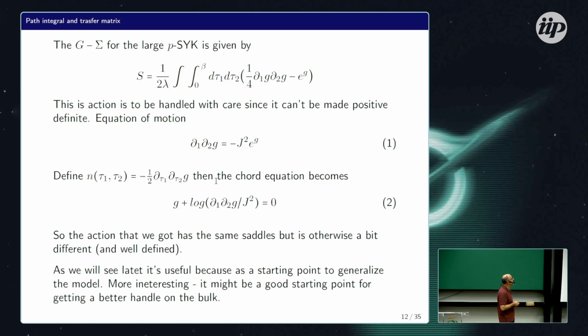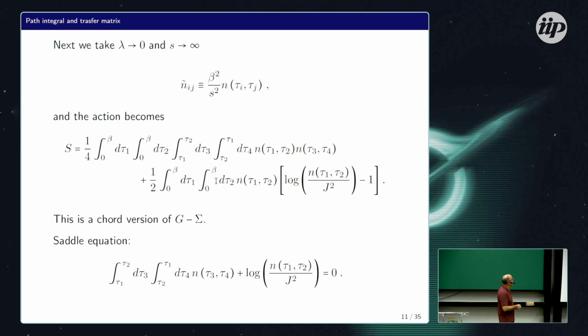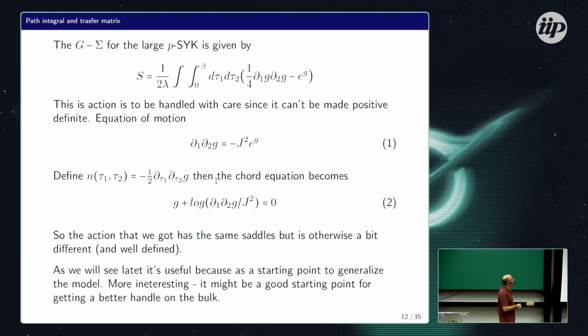However, you can write the saddle point equation, and if you define my variable n to be the second derivative of g, so this just becomes g. This becomes log of the second derivative of g. So you get this equation, which is the same as this equation after you exponentiate and correct for all the signs that I typed wrong in this.